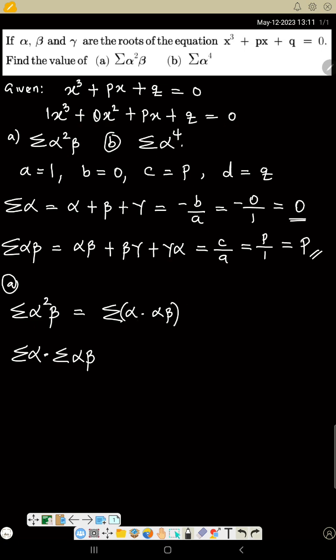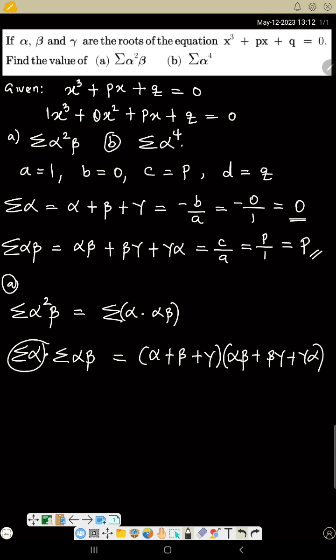What is summation alpha? We know it already, that is alpha plus beta plus gamma, times summation alpha beta, that is alpha beta plus beta gamma plus gamma alpha.